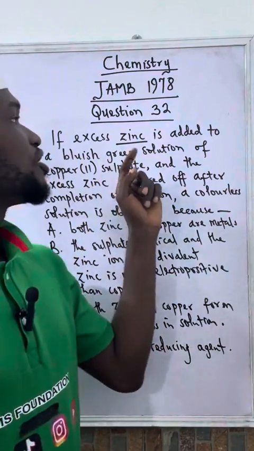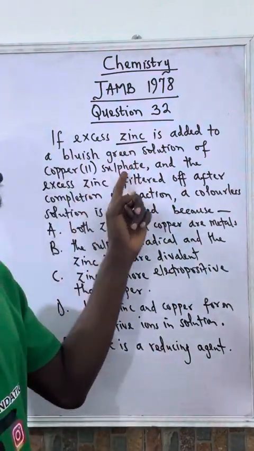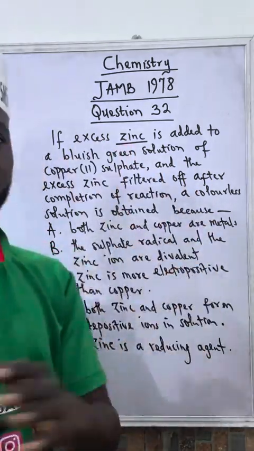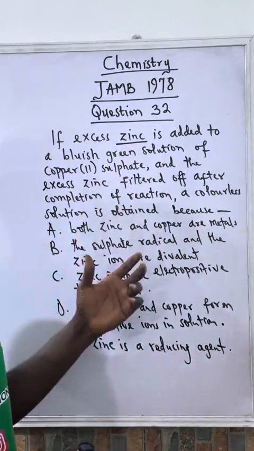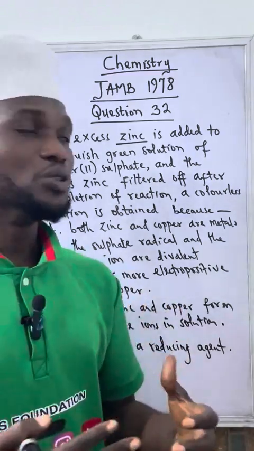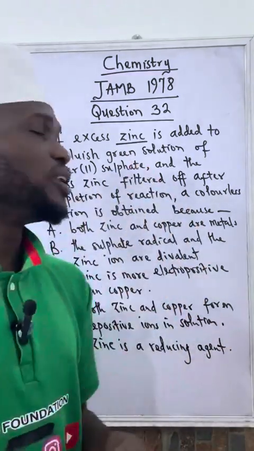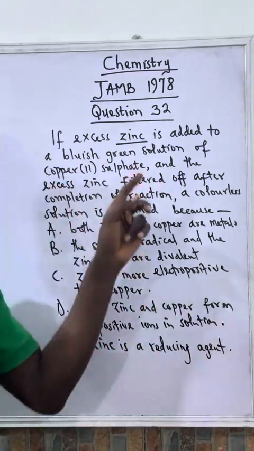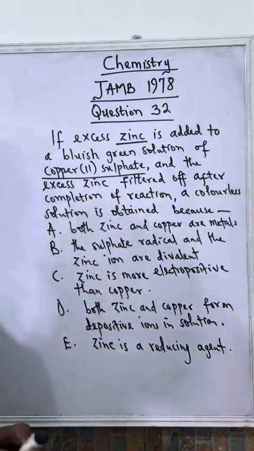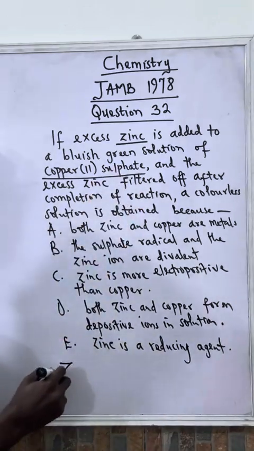So any reaction that involves copper sulfate and zinc will always displace copper from that solution. If copper is inside any particular aqueous solution, zinc will always displace copper. Now, in the case of zinc and copper sulfate, the reaction goes thus.